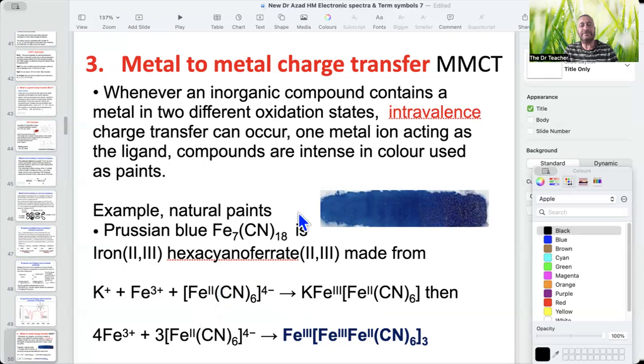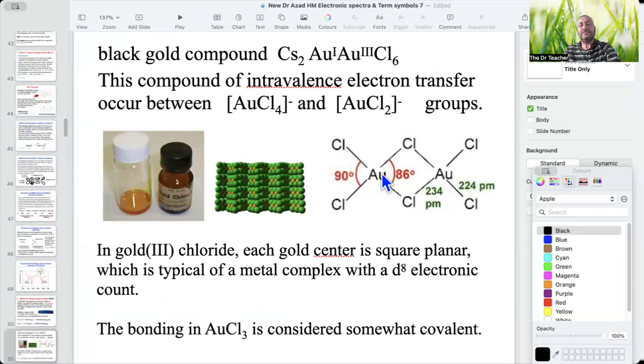So with intervalence, charge transfer can occur. Intra means different. Inter will be similar or inside. And here is the aurate or gold.